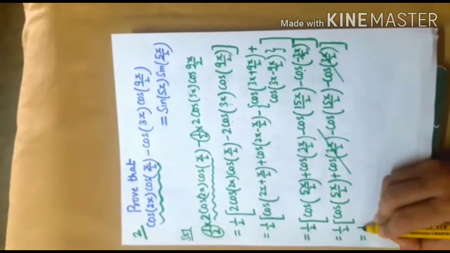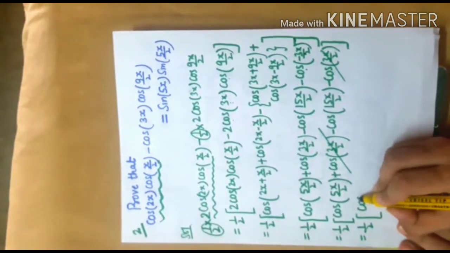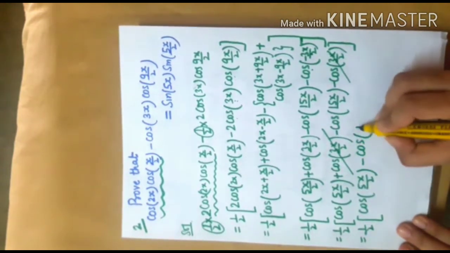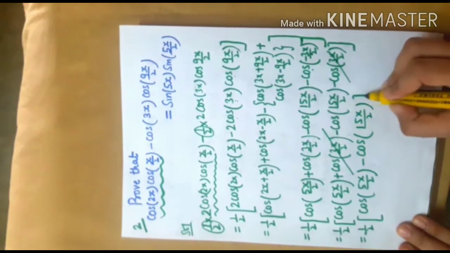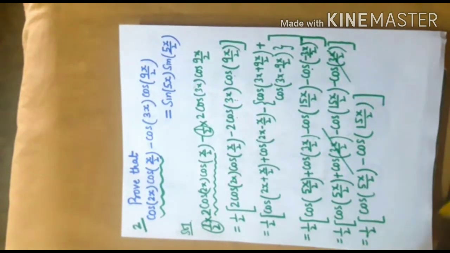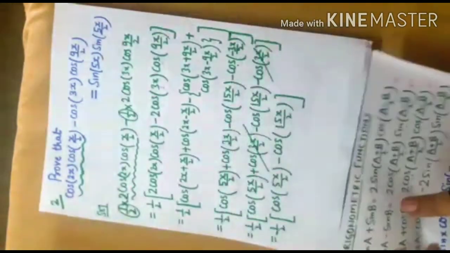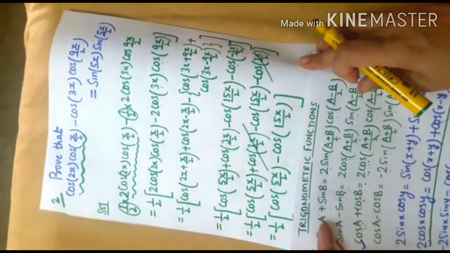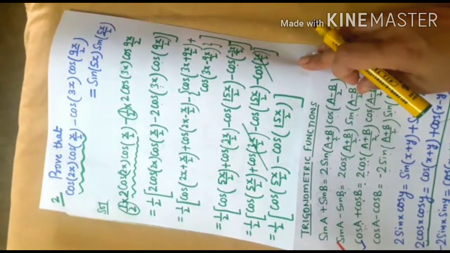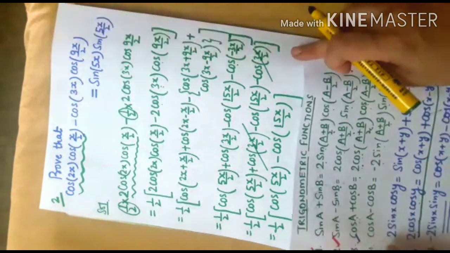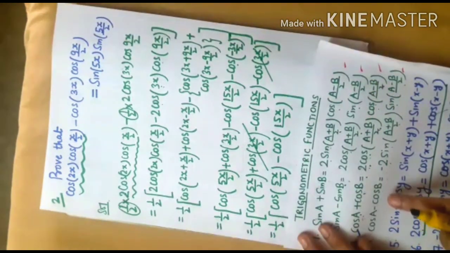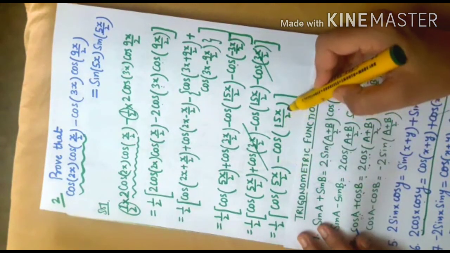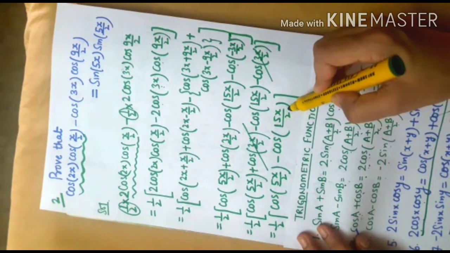So I am left with 1 by 2 cos 5x by 2 minus cos 15x by 2. Yes. Cos 5x by 2 minus cos 15x by 2. Can you identify the form? Yes, it is cos A minus cos B, where role of A is being played by 5x by 2 and role of B is being played by 15x by 2.